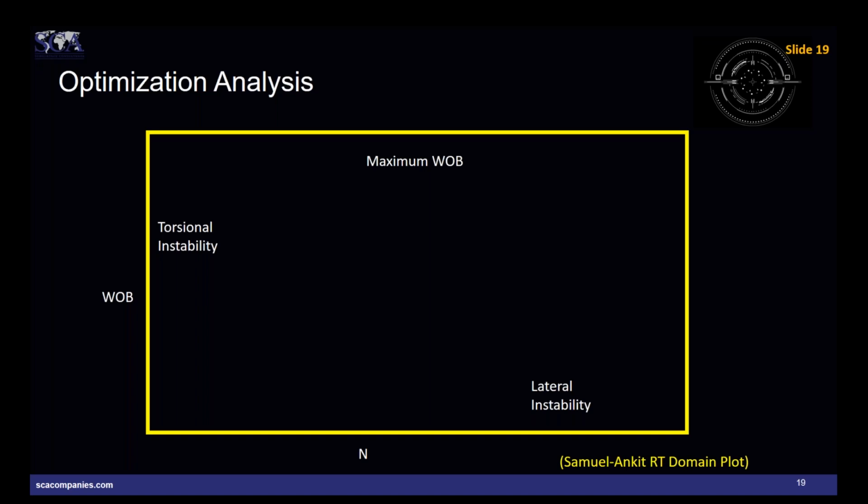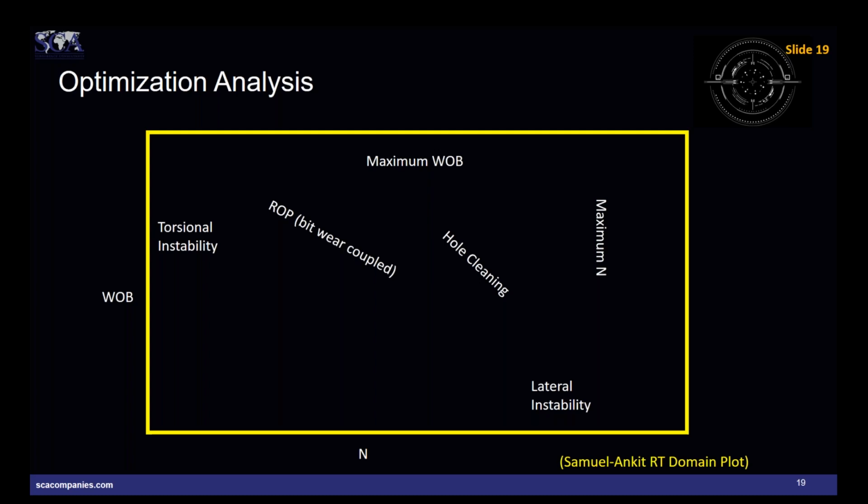Another one is how do we narrow it down on a single domain chart, which we can see here, weight on bit and RPM, torsional instability, lateral instability, where the vibration is an important one that we can map. And also it is limited by the constrained maximum weight on bit and maximum rotational speed, depending on mud motor or rotary steerable or string.